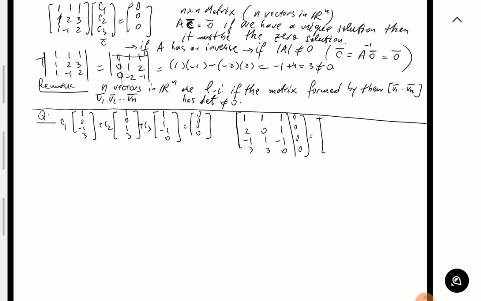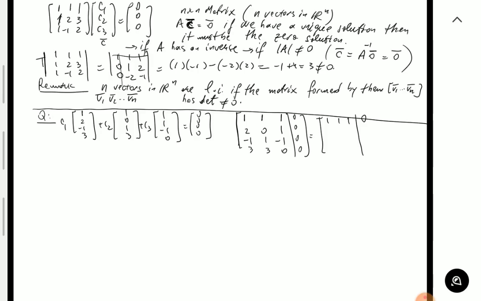So let's see, we keep the first row. Let's just use the procedure to find the reduced row echelon form, the one that is familiar.